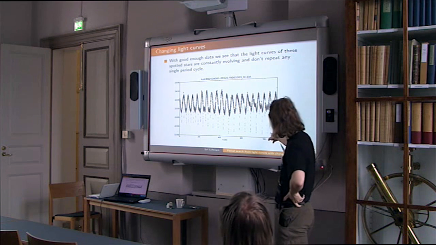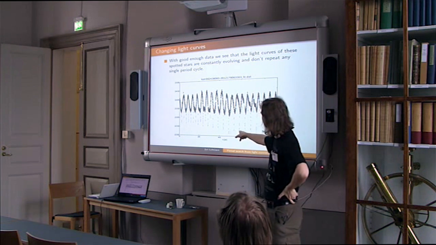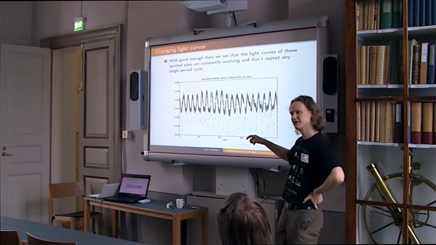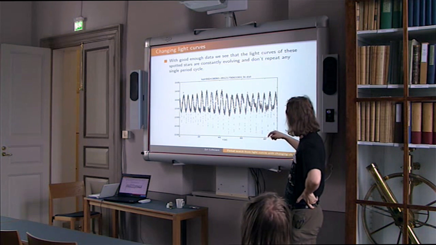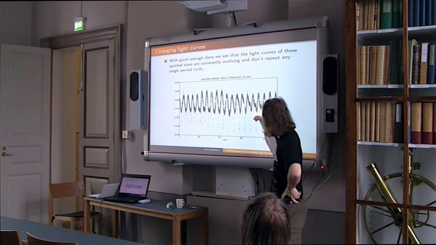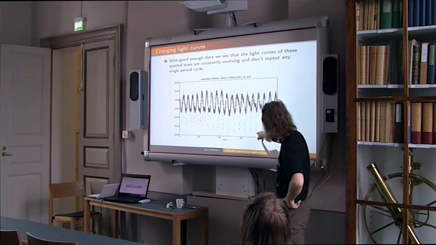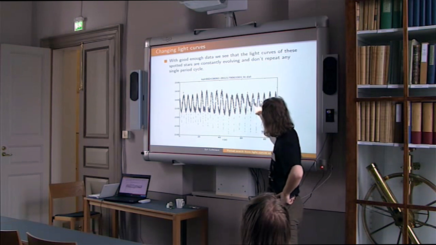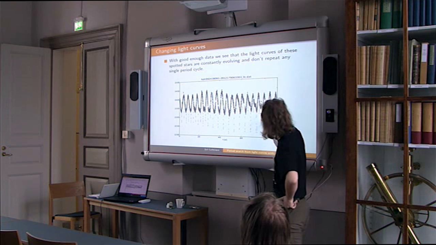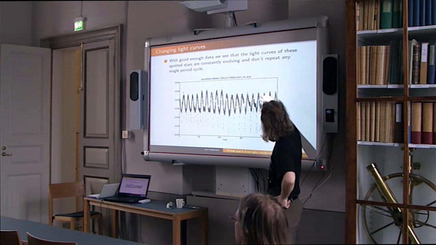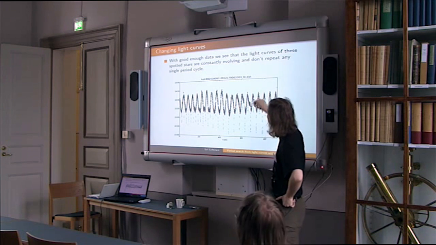So these eclipses are a clear sign of the orbital period of the system. And there are primary eclipses and secondary eclipses. And here it's very clear. You have primary eclipses on the primary light wave minimum, and the secondary eclipses are closer to the light maximum.